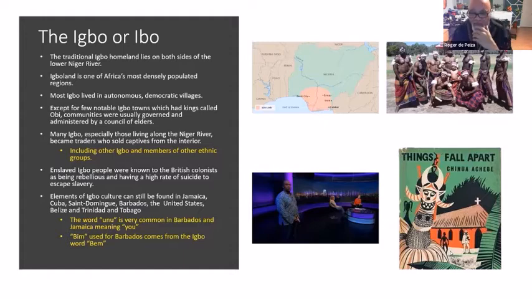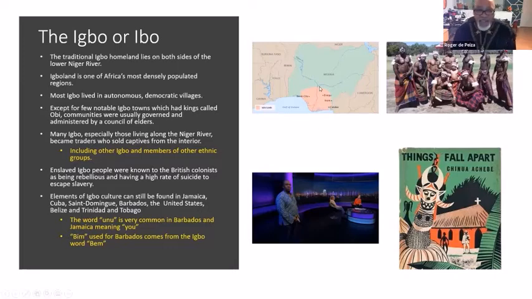So for example, let me talk about the Igbo here, because a lot of Trinidadians are Igbo. Traditionally, they come from Nigeria, the Niger River, basically this area here.